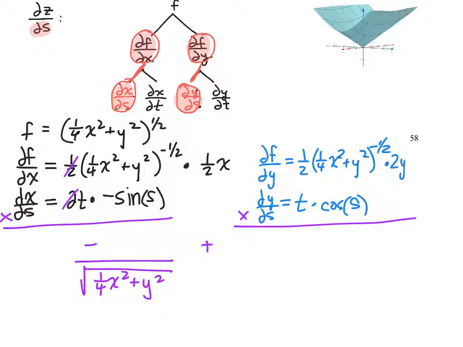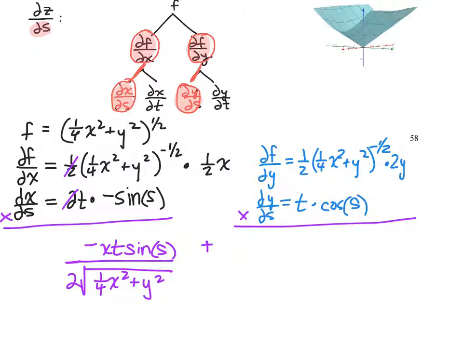So negative x t sine of s, and I'll just put that 2 in the bottom of the fraction. Honestly, I do that just so I don't have to rewrite all of this again with a multiplication symbol in between. It's a little more fulfilling.